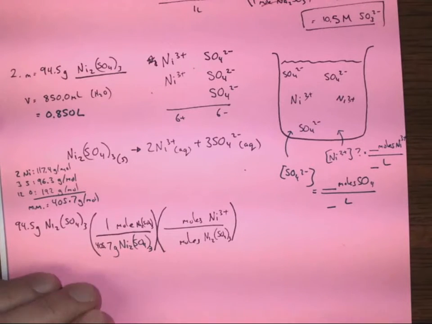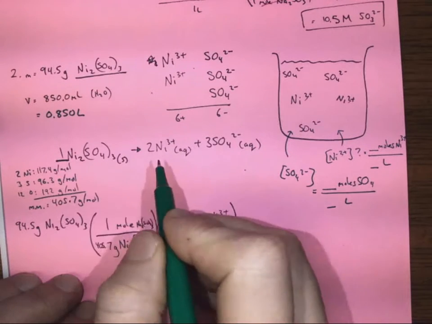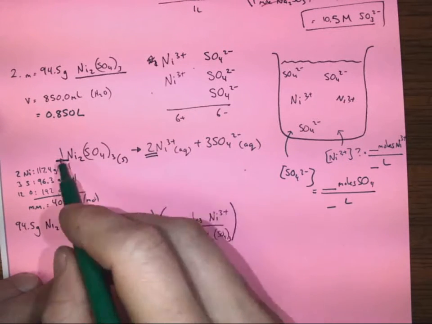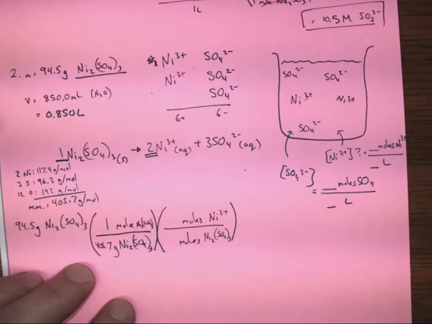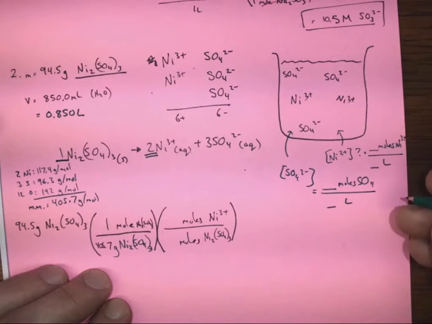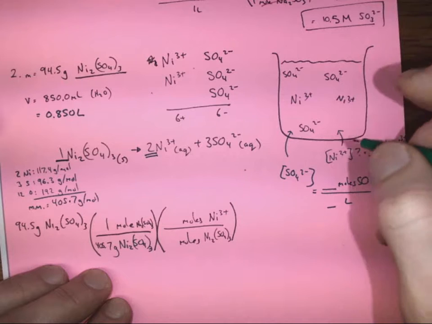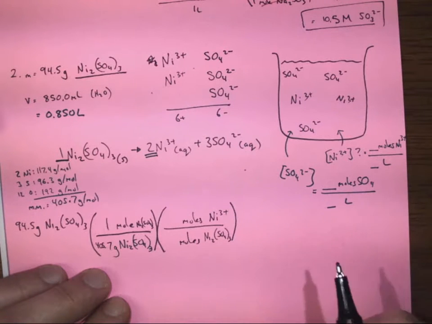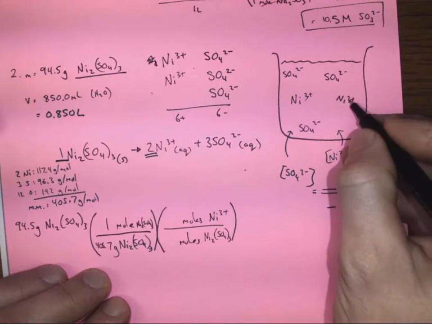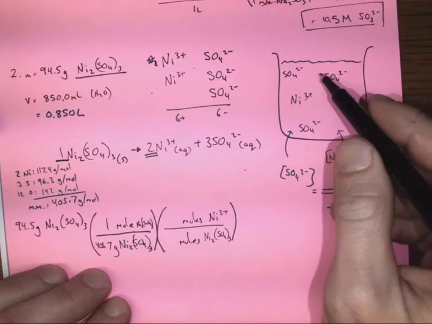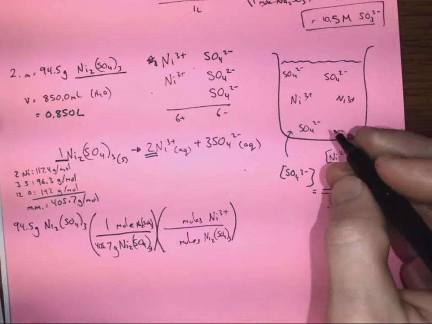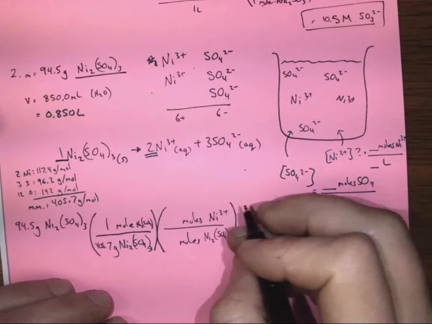And I can see in my molar ratio that 1 mole of nickel 3 sulfate makes 2 moles of nickel 3 when dissolved in water. I can see that here. There's 2 of them, and I can imagine all of those would make 1 nickel 3 sulfate compound. I'll leave for now the fact that these exist in really an array rather than individual molecules like they do with covalent compounds. So we're going to skip over that for now.